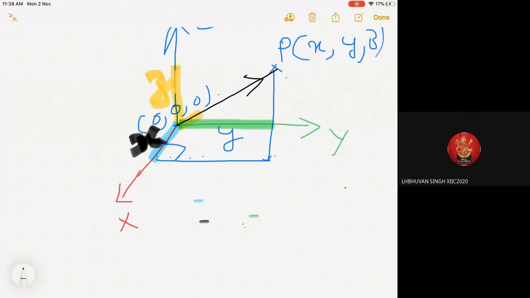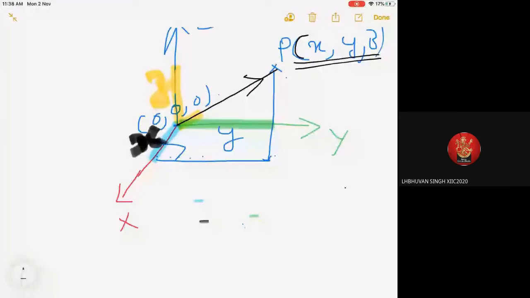The identity of the point in three dimensions is the ordered triplet x, y, z, but in vector algebra, how do we identify this point P?